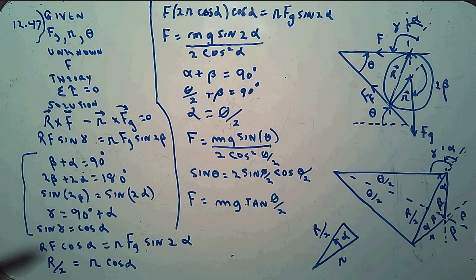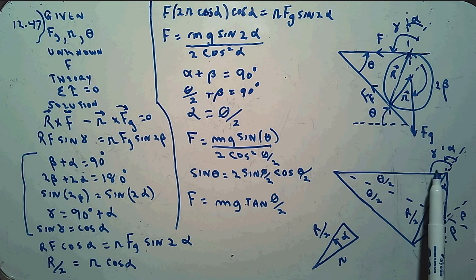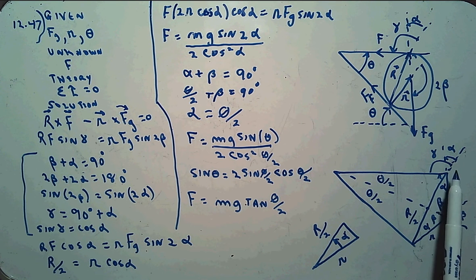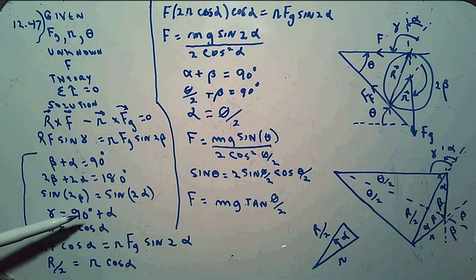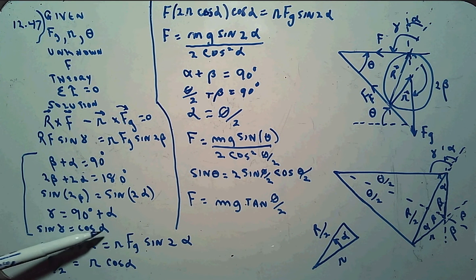Now, if we look at gamma here, you can see that gamma is equal to alpha plus 90 degrees. So gamma equals alpha plus 90 degrees, so the sine of gamma is equal to cosine of alpha.